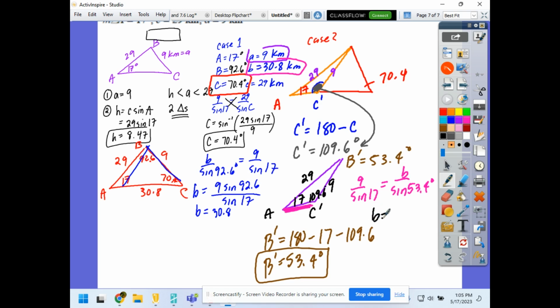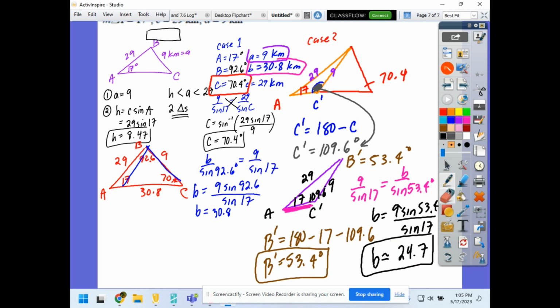That will give you B equals 9 sine 53.4 over sine 17. So 9 sine 53.4 divided by sine 17. So your B now is equal to 24.7.